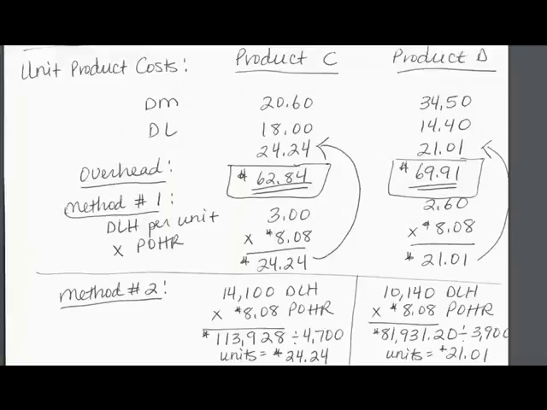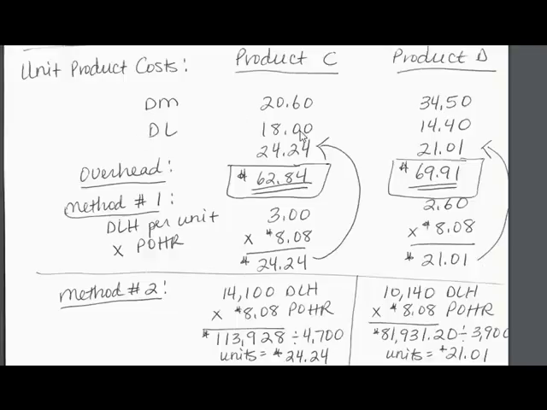So the next part of the problem asks me to calculate unit product costs for both product C and product D using that single POHR. And this, of course, is the Chapter 2 approach. So before I forget, I'm going to go ahead and add in the direct material costs per unit and the direct labor costs per unit for each of the products.